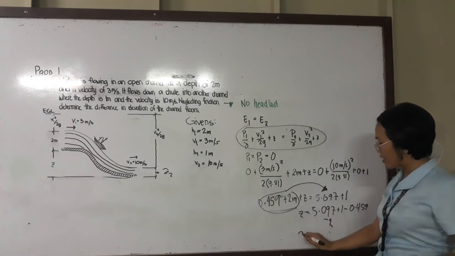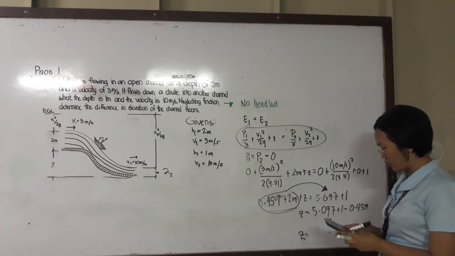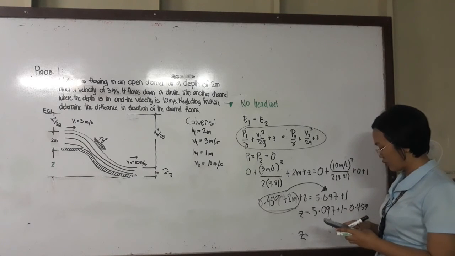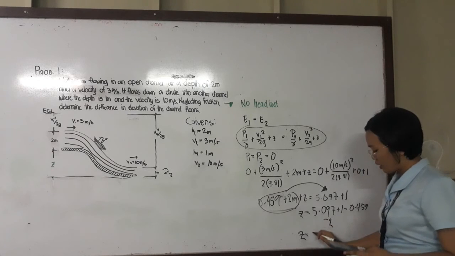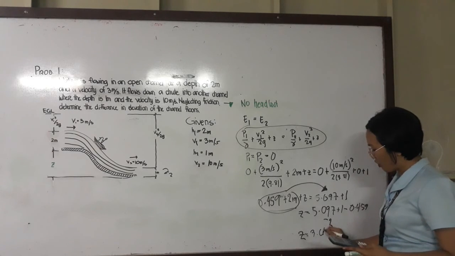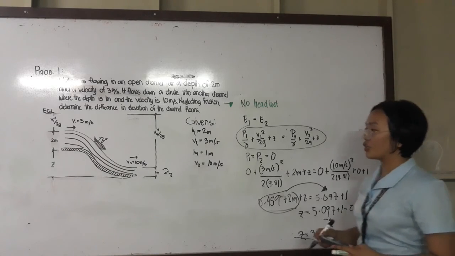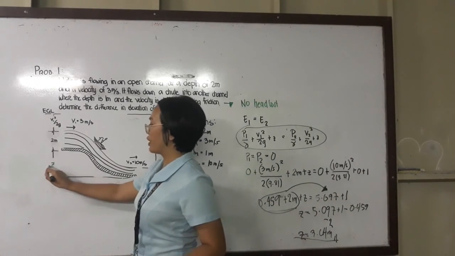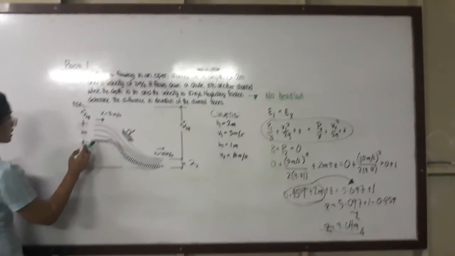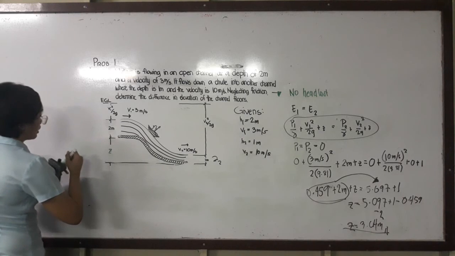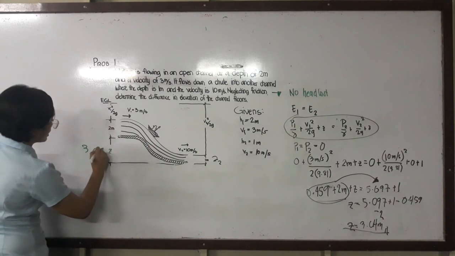The answer is 3.64 meters. So here we have the value of this head difference from this point to here. The value is 3.64.